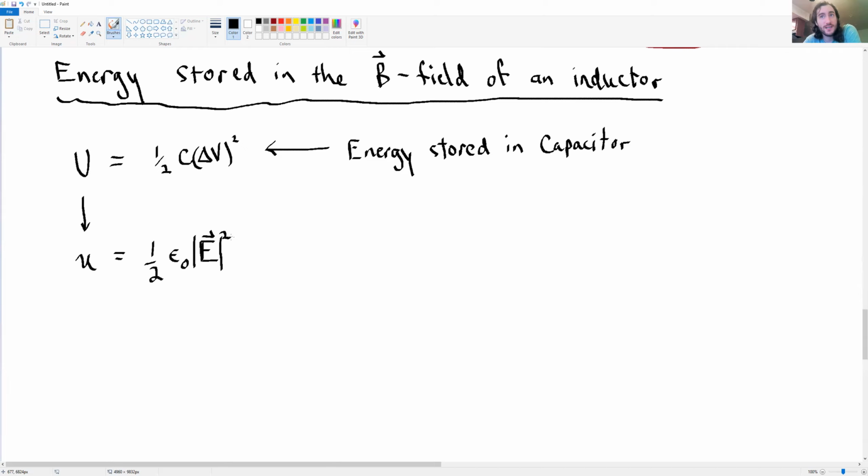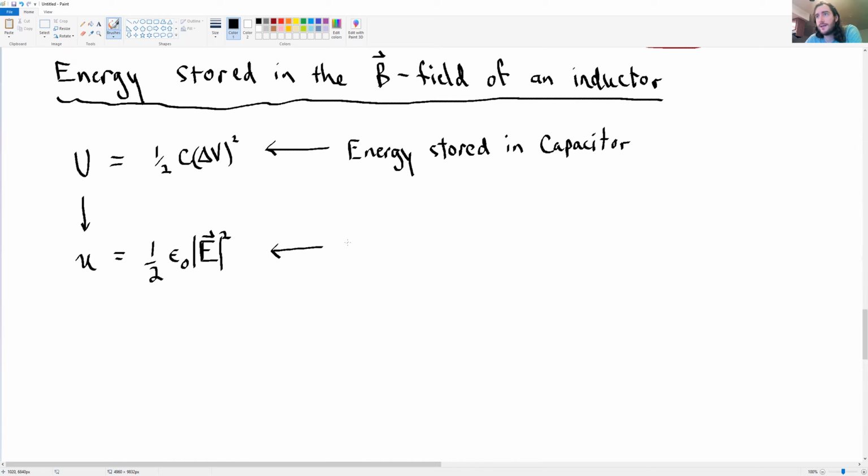But actually, it turns out that this second equation is better than the first equation. This second equation applies even when the electric field is not uniform. And we can integrate this equation for a non-uniform electric field and get the total energy stored inside some region of space due to the electric field.